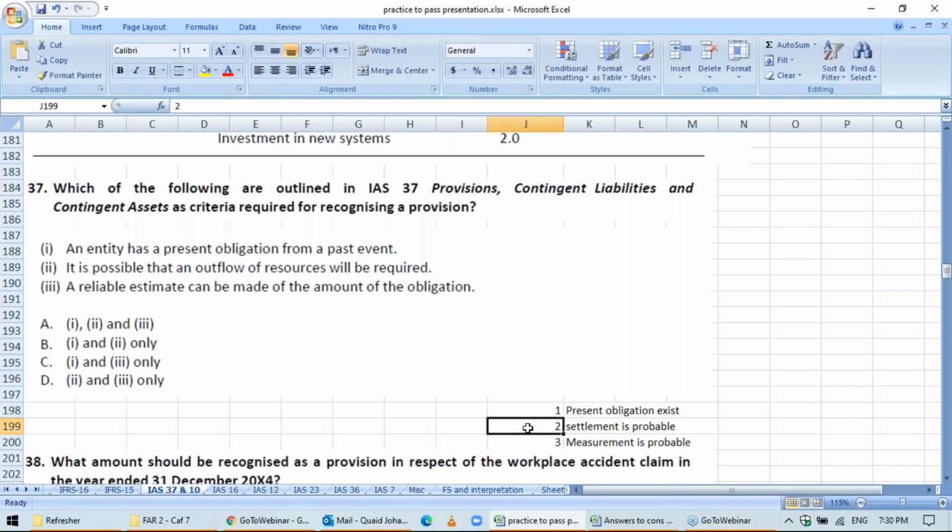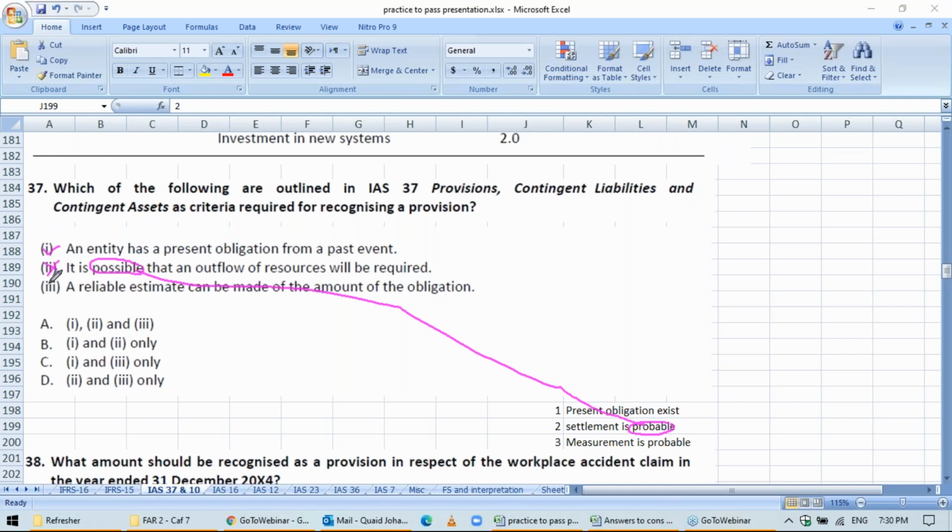Now, which ones do you find over here? See, this second item is not there. It is possible that an outflow of resources will be required. The word should be probable over here, which matches with this item: settlement is probable. So the word is possible. Possible means less than 50% chance. So this is not there in IAS 37.